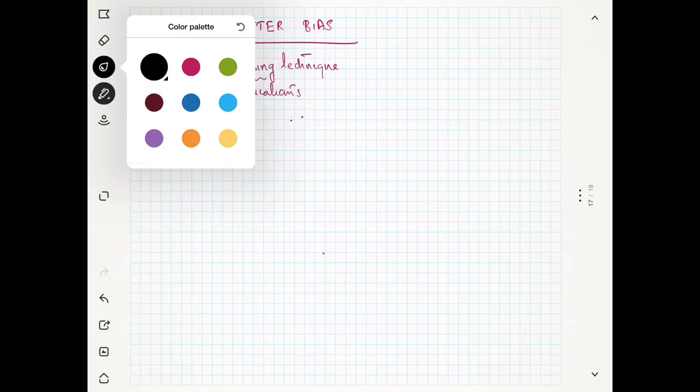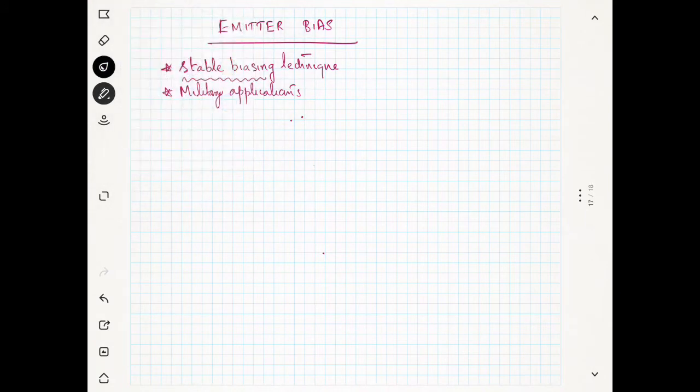Now let us see the circuit diagram for this. You can see there is a transistor. We will have RC, and this is VCC, and there is RE, and there is another power supply.